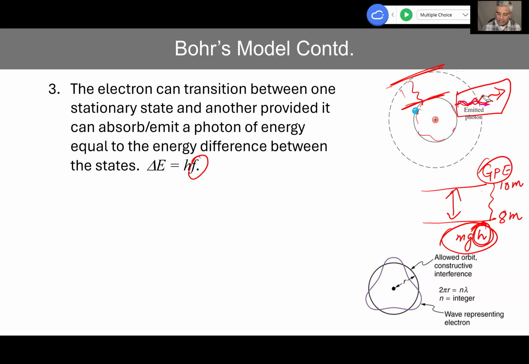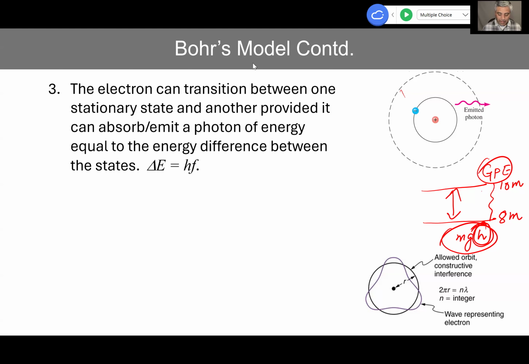Similar idea, but this is not gravitational potential energy. The energy comes as light, and this light can have color, frequency, wavelength, and so on.